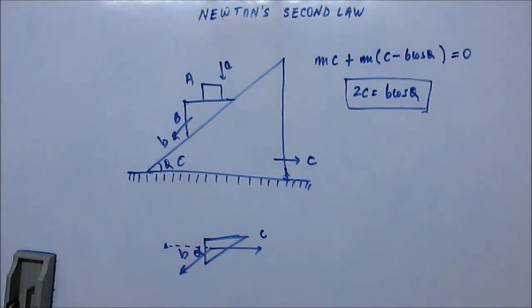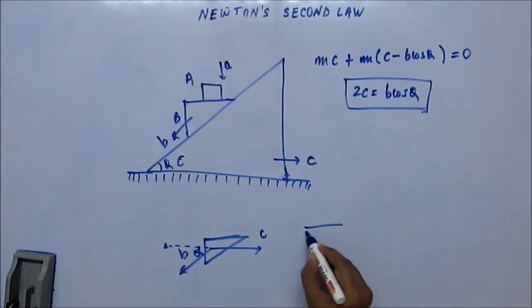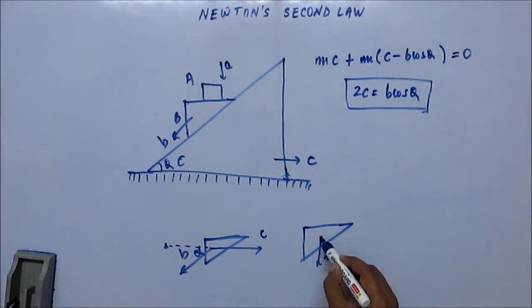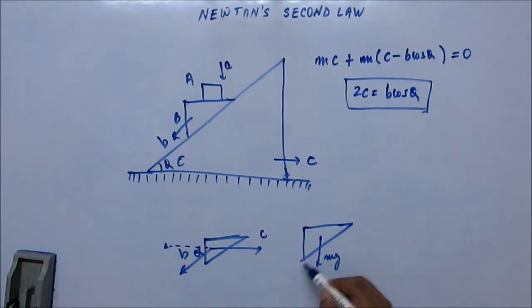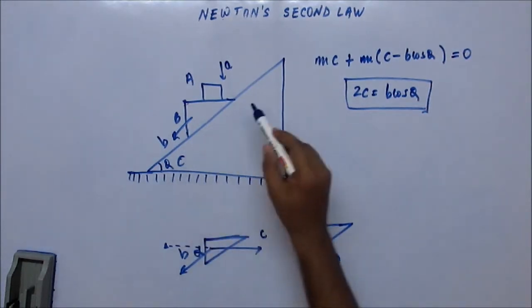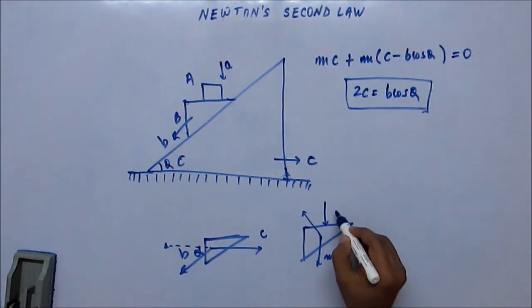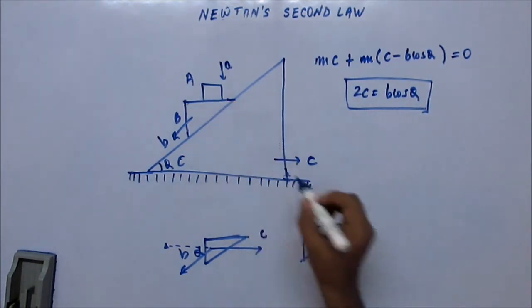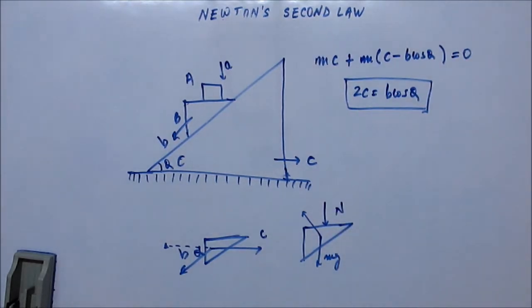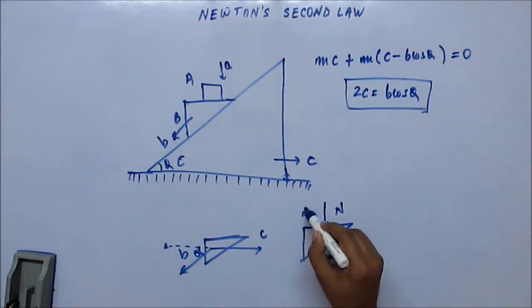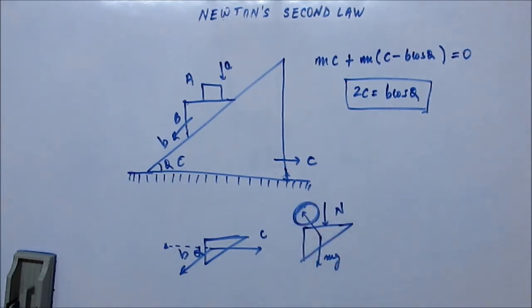For body B, if you see the FBD, there's mg downward and the normal reaction from this contact, perpendicular to the plane inclination of the wedge, and there is a normal reaction from the contact between A and B. So there are three forces acting on B. So let us write Newton's second law of motion in the plane of the wedge. In the plane of the wedge, this normal reaction has nothing to do with the motion because it is perpendicular to the plane of the wedge.